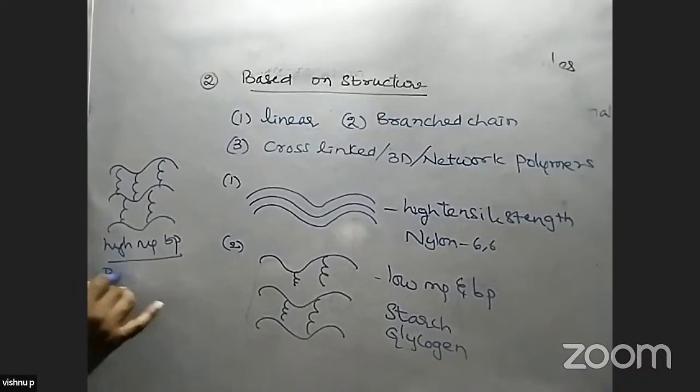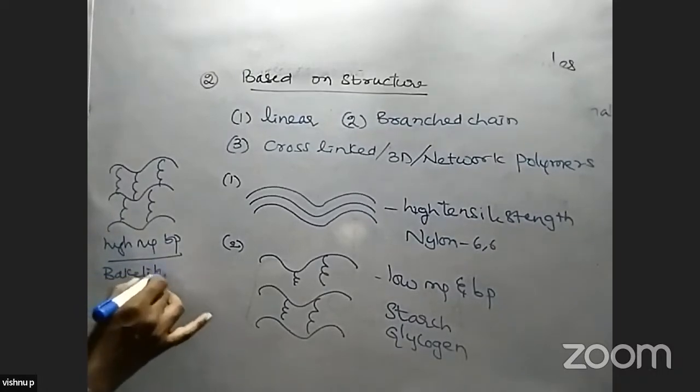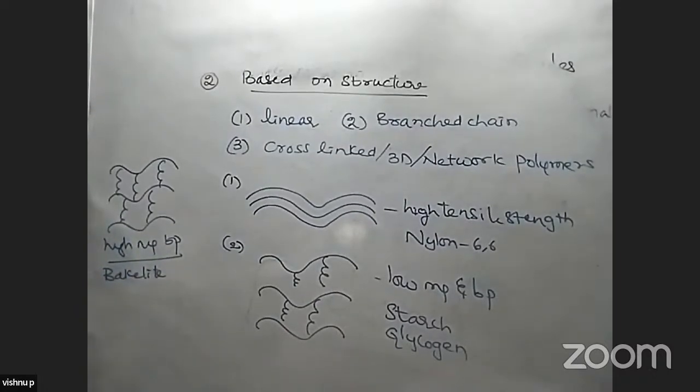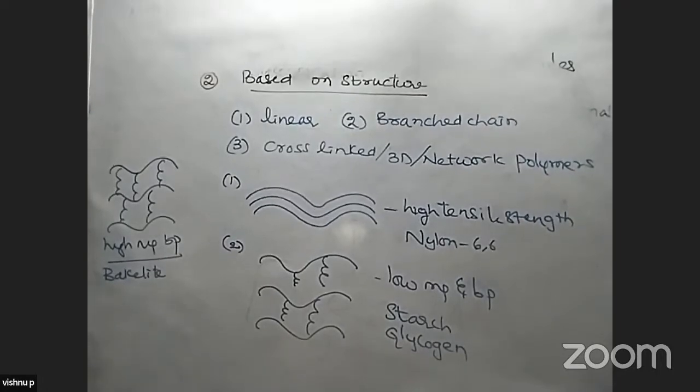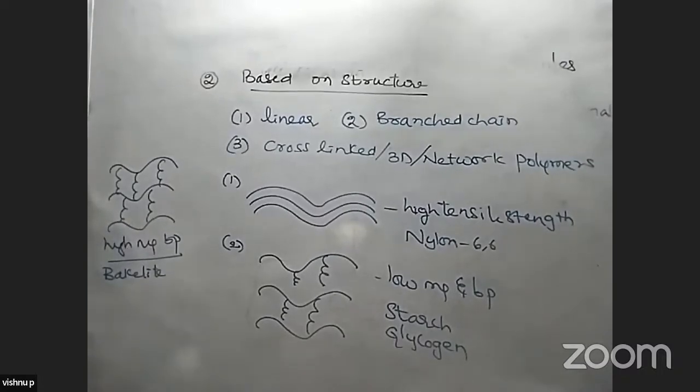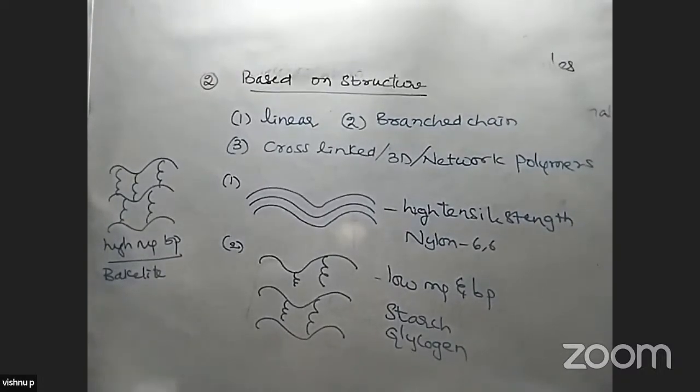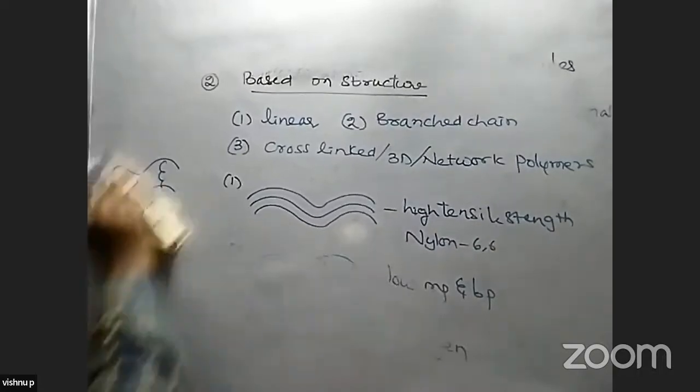One example is bakelite. So based on structure, polymers are divided into linear polymers, branched chain polymers, and three-dimensional or network polymers.